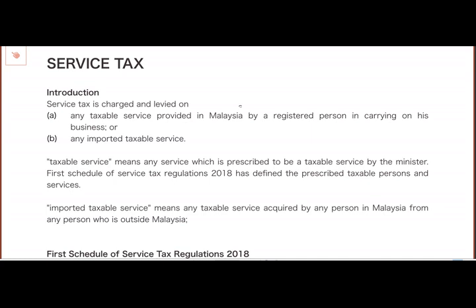Number one, if you provide taxable service in Malaysia as a registered person, or if you import any taxable service.